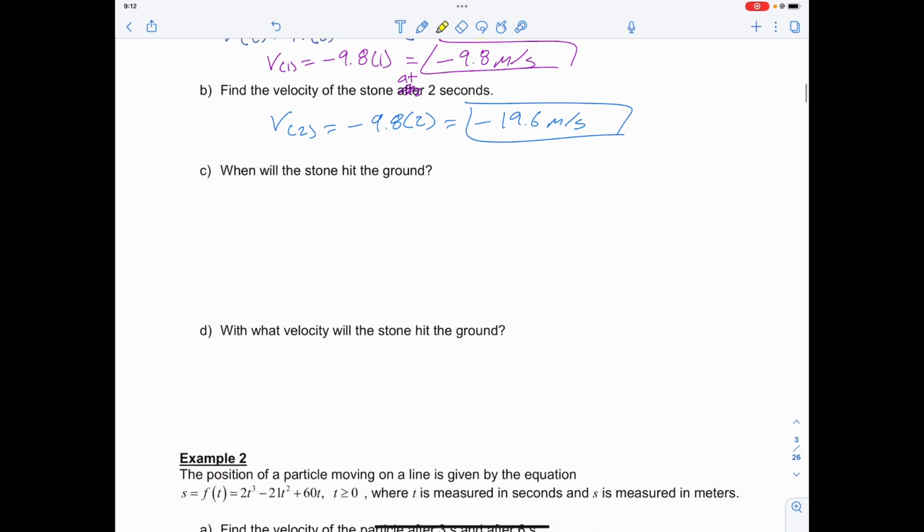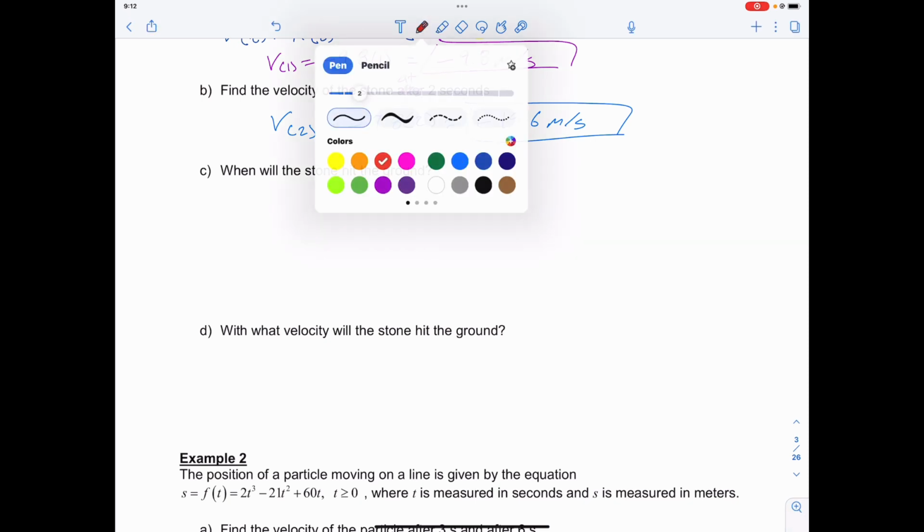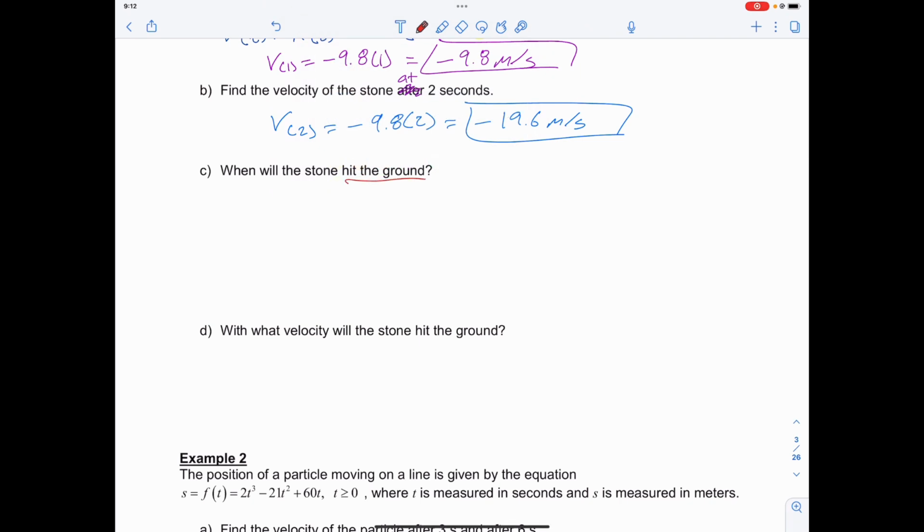When it says, when will the stone hit the ground? Well, the stone is going to hit the ground when the height is 0. When it says when, that's just asking what is the time.